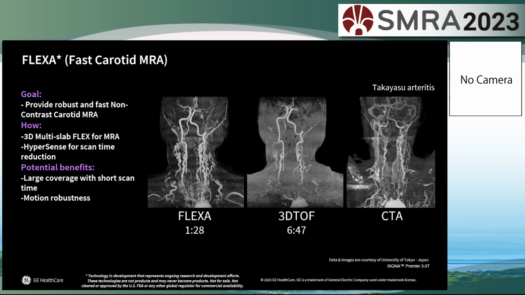As you know, the carotid MRA is often difficult to get a good image quality using the 3D TOF. But as you can see in the slide, our Flexa can provide better MRA images compared to the 3D TOF with the much shorter scan time.